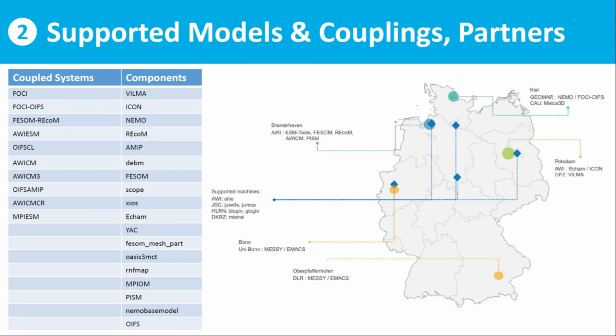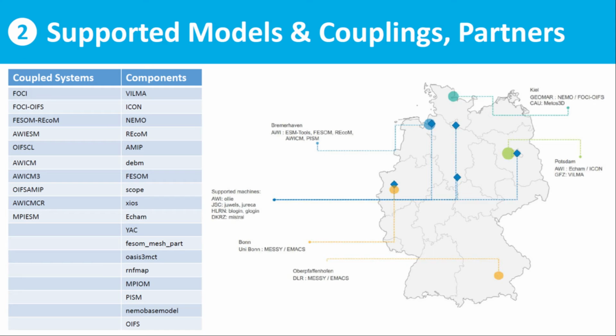So who uses ESM tools, and what do we support? On the left-hand side, you see a table. In the components, you see the standalone models and the coupling systems. And on the left part of the table, you see the coupled systems. For example, you see AWICM, which is basically a couple of ECHAM and FESOM.